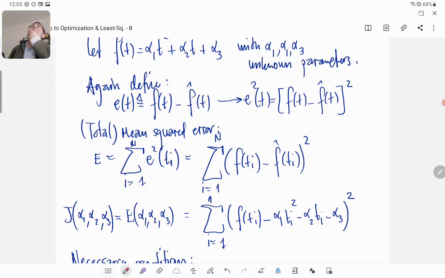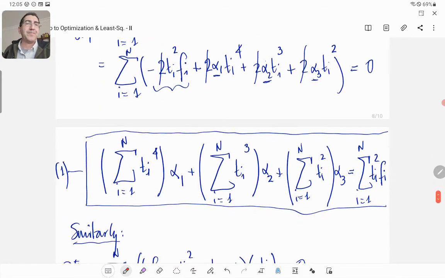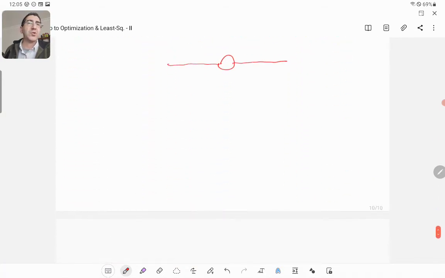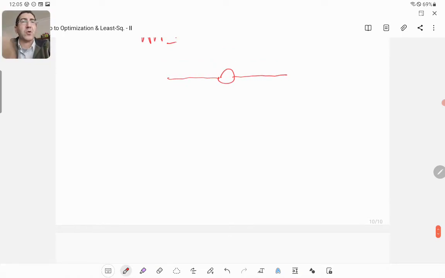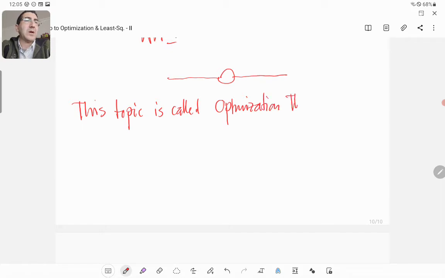Now, the reason that we have covered this is that it is also related with another concept, a topic called optimization theory. What is optimization theory?